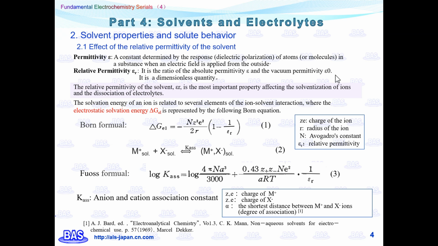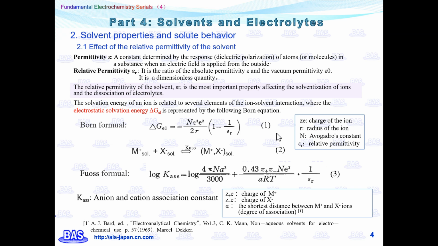The relative permittivity epsilon r of a solvent is the most important property affecting the solvation of ions and the dissociation of electrolytes.